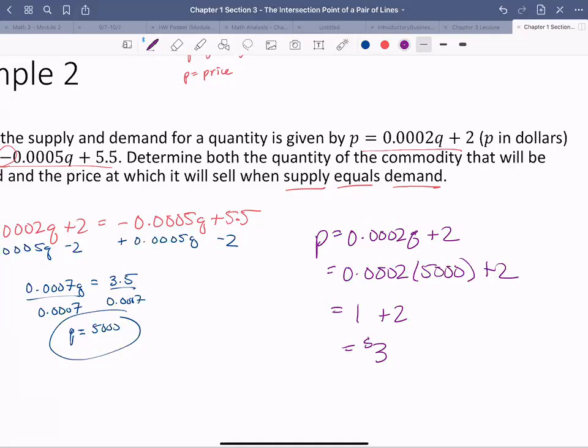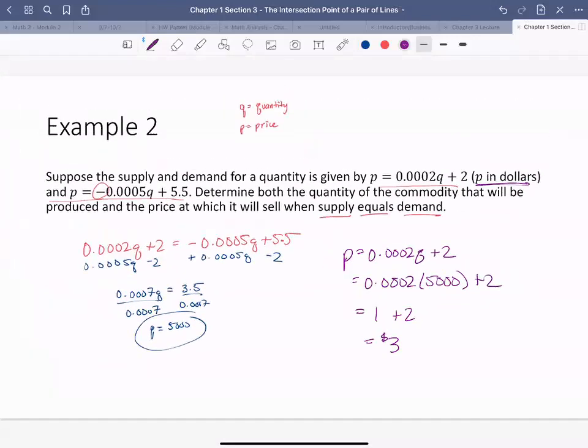So it's $3 because it says P is in dollars. These are my units. If it says determine both the quantity of the commodity that will be produced and the price, you could say that the quantity needed for supply to equal demand is 5,000 and the price will be $3. That is the sentence you will write.